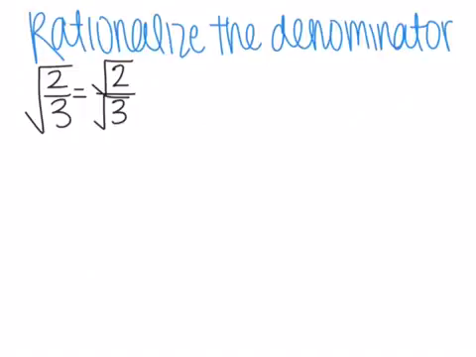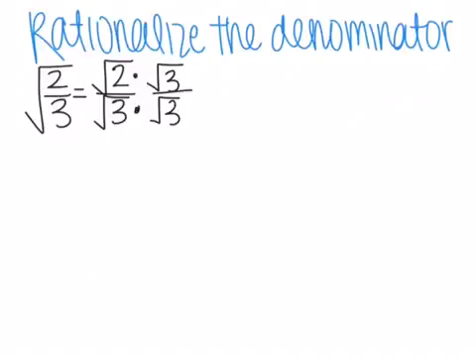Next, we have to know how to rationalize the denominator. So the square root of 2/3 cannot be simplified any further, so we have to rationalize the denominator by multiplying both the top and the bottom times the square root of 3.